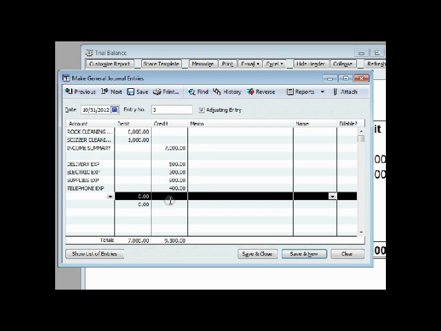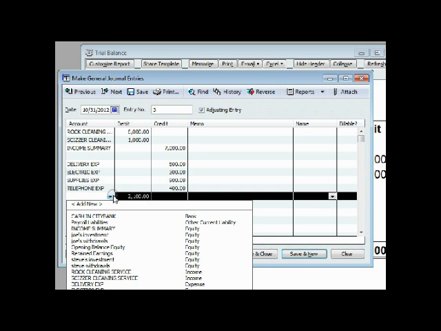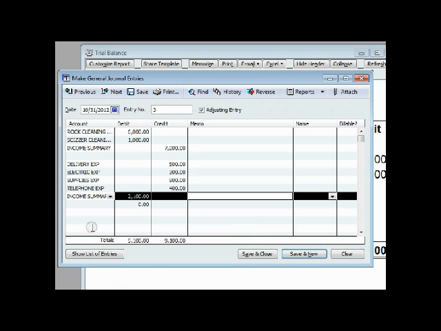Now the computer knows that there is a $2,100 imbalance. And if you remember, the $2,100 was the total expenses that was listed on the income statement before. And what account balances everything out?